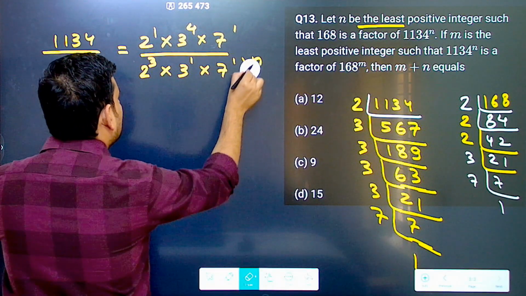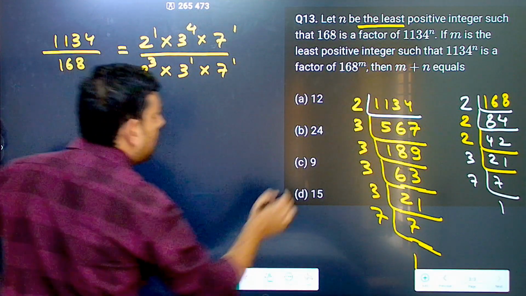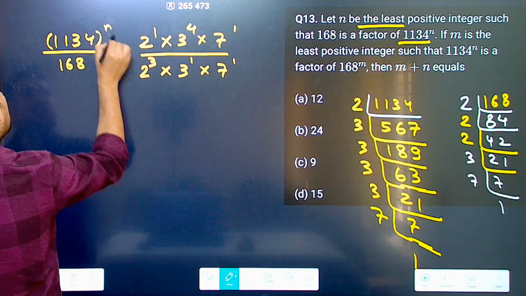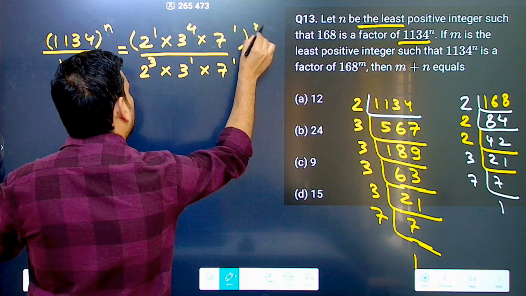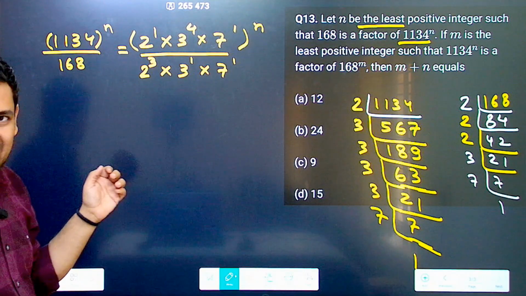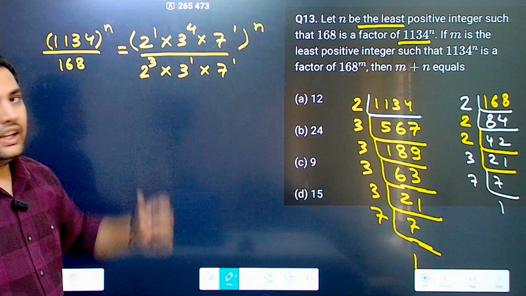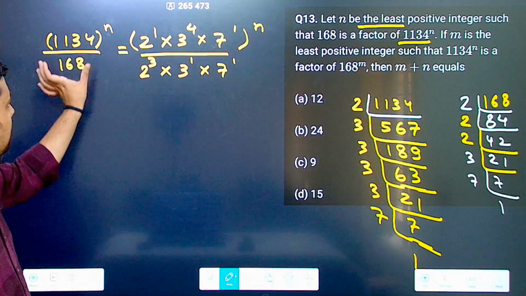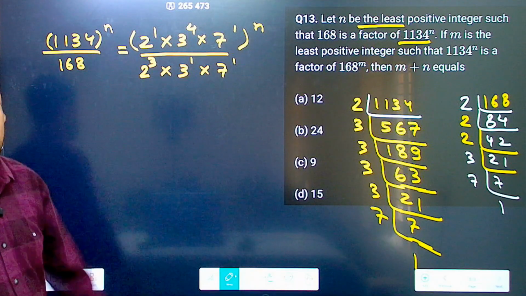It says what is the least value of 1134 power n. Sorry, so this should be n. Now what is the value of n such that this is dividing this number? Now you are getting it. 1134 power n divided by 168 should give you a whole number.